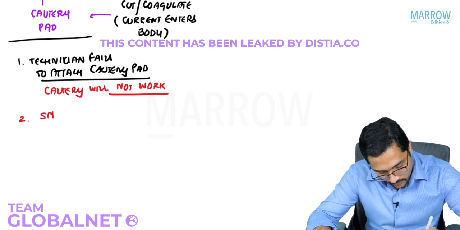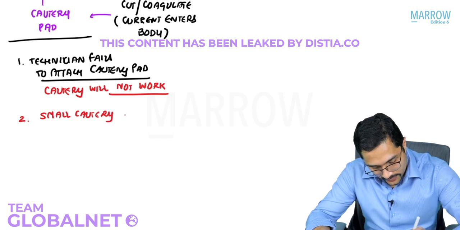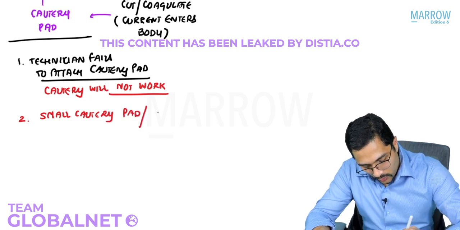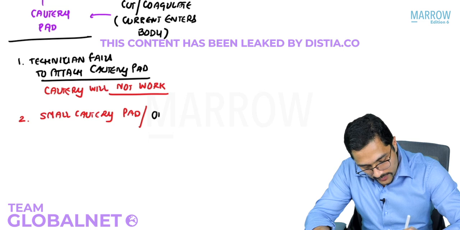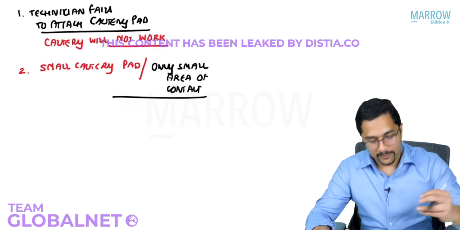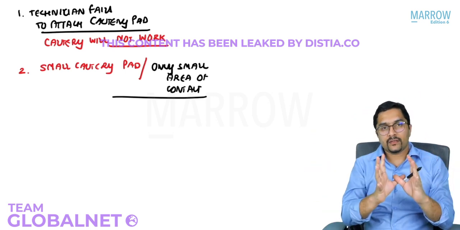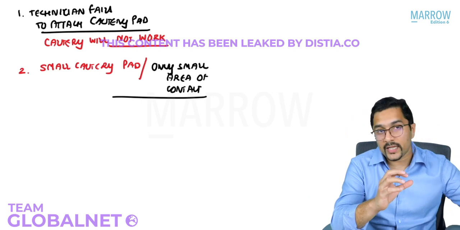The second scenario is that a small cautery pad is placed, or only a small area of contact is there, right? So now what is going to happen? All the current which was earlier going through a big pad is now going to go through a small area, right?